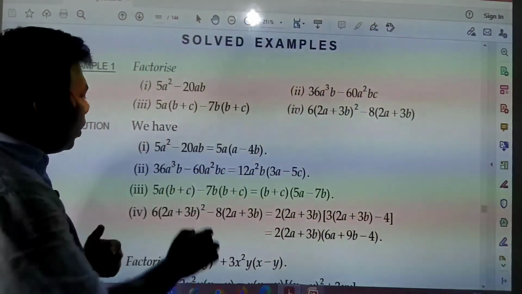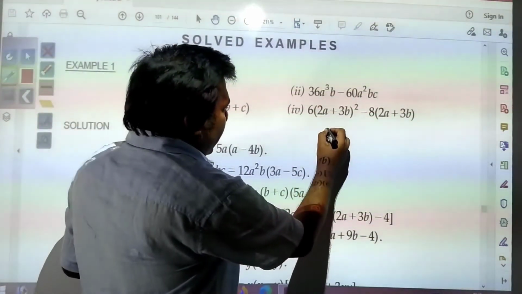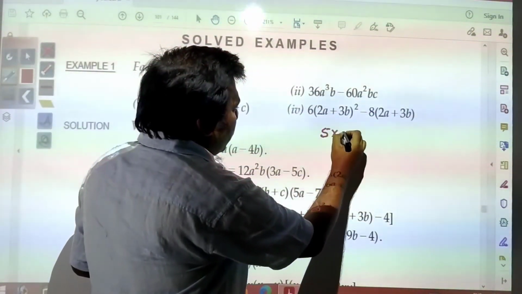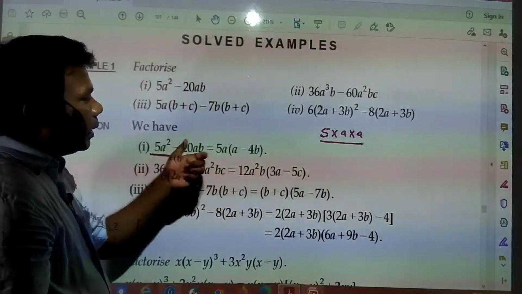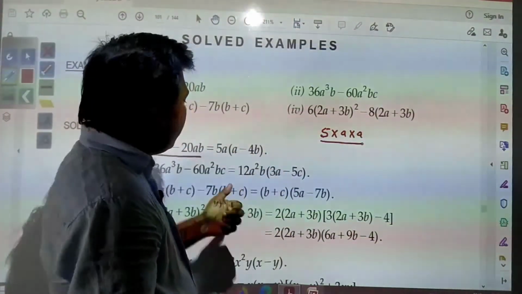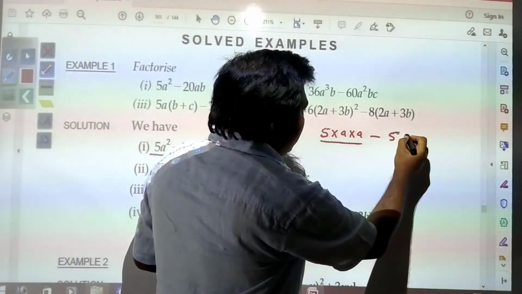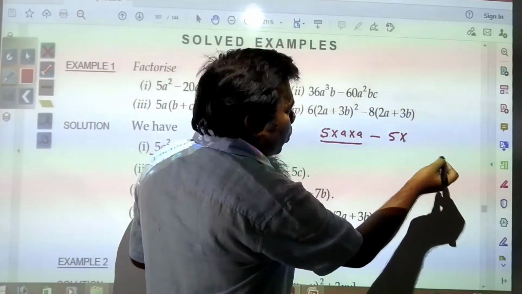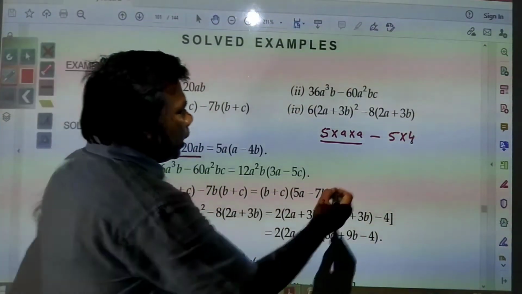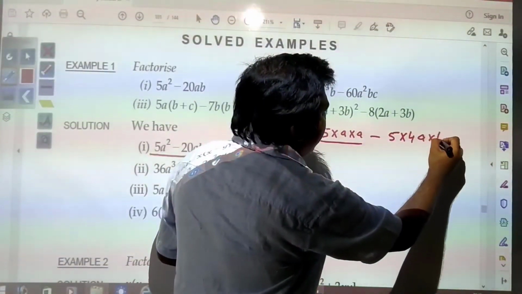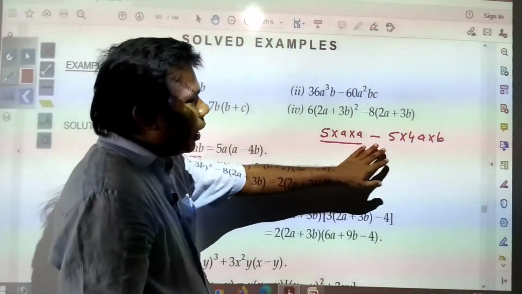So how have you got this, you see, 5a square can be written as 5 into a into a. 20ab can be written as 5 into 4, or 2 into 2 also you can write, 5 into 2 into 2, that is 20, a into b. This we have factorized and we have written.